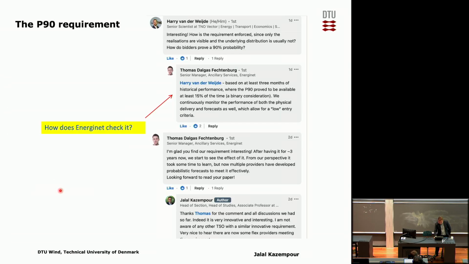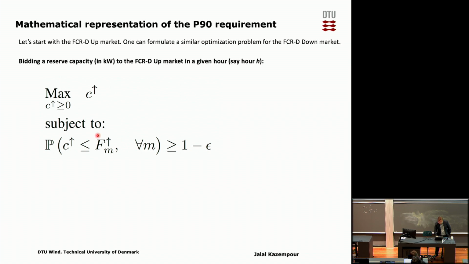So this value, F up M, the available upward flexibility for minute M, comes from that figure. It's not a single value. It's an uncertain parameter. There is an empirical distribution for that value. Are you following me? So we discussed that.